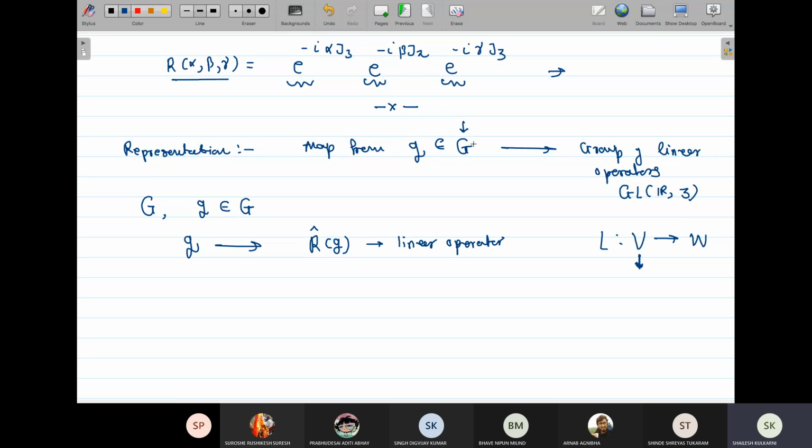When we say that, it means the representation maps a given group to a group of linear operators which will act on a 3-dimensional vector space. Clear?